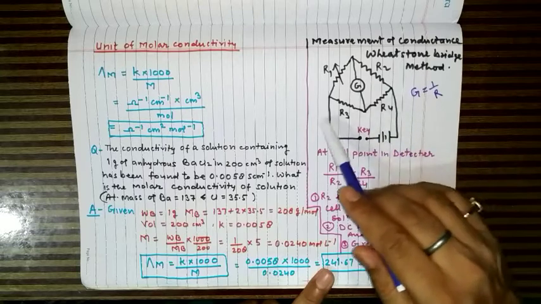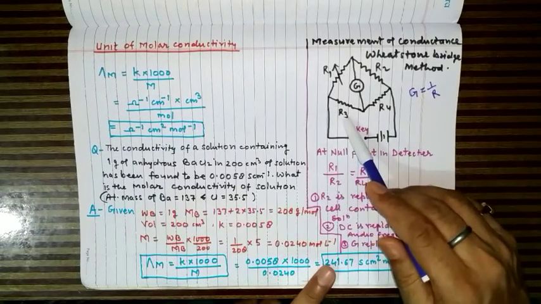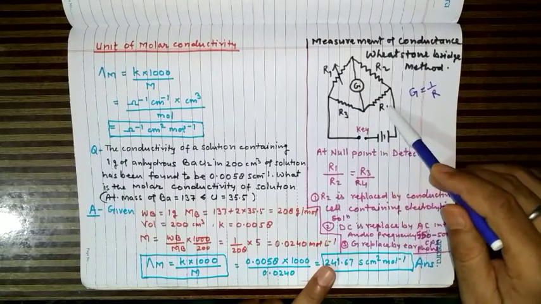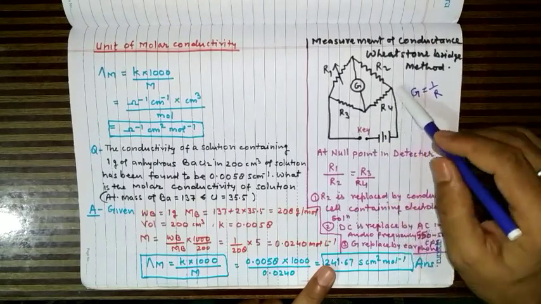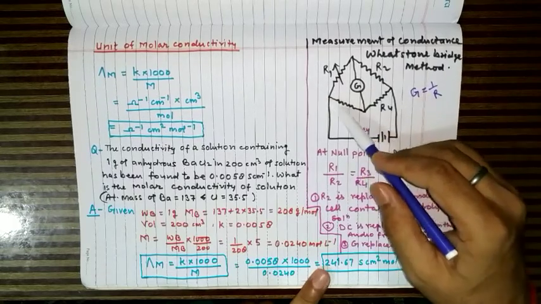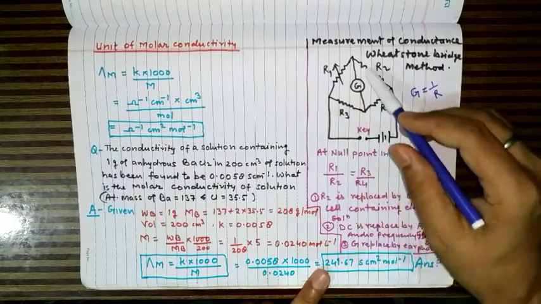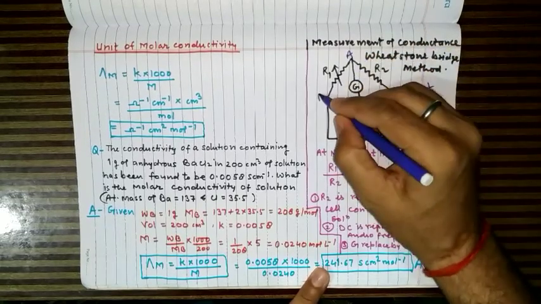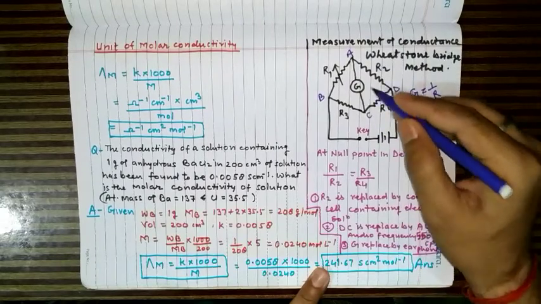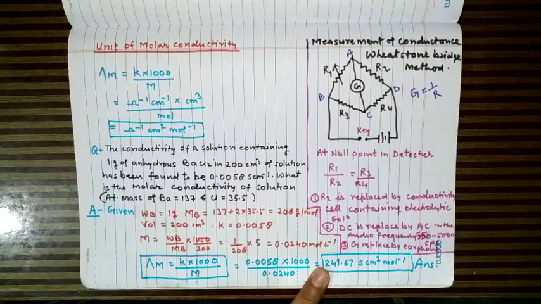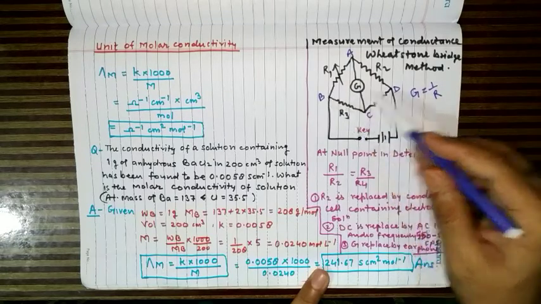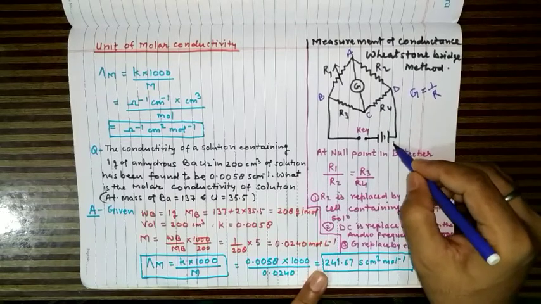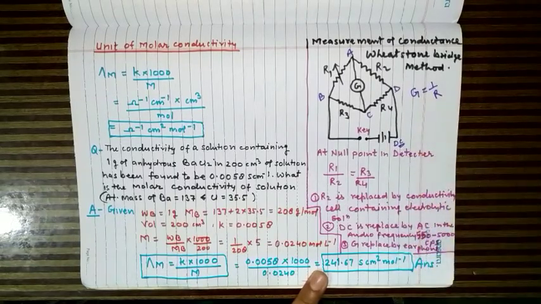In this method, 4 resistances are connected in a specific sequence, as R1 is connected to R2, R3 and R3 is connected to R4, and then these are connected here. Now the bridge is made like this, and suppose this is point A, B and here C and D. Between A and C we attach the galvanometer, and B and D are attached with the source. As you see, DC current is used.